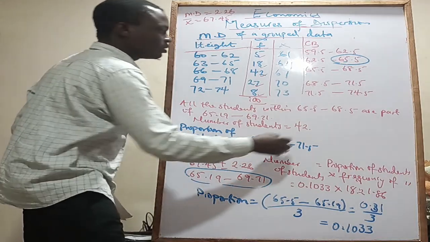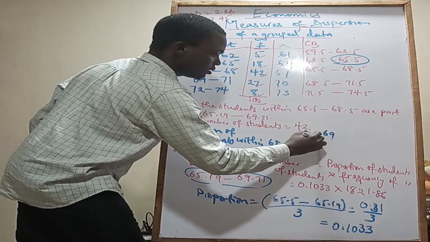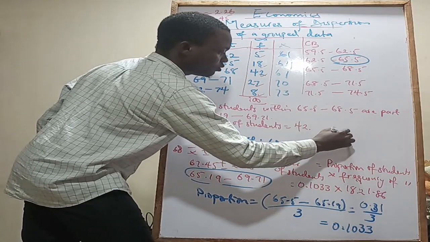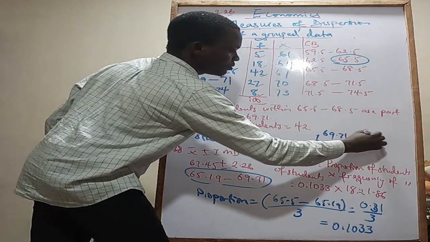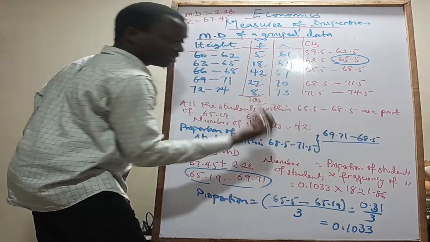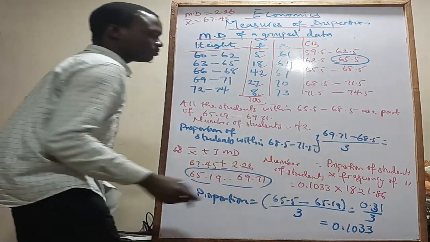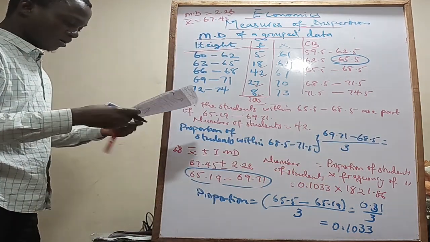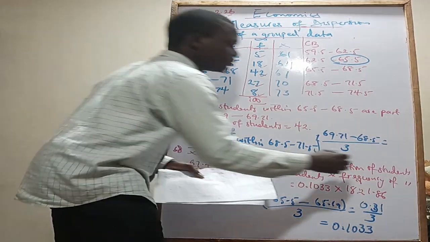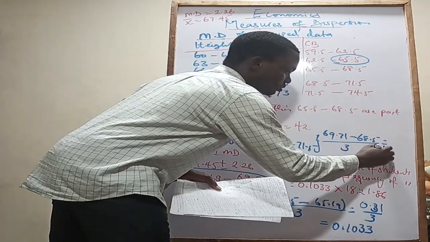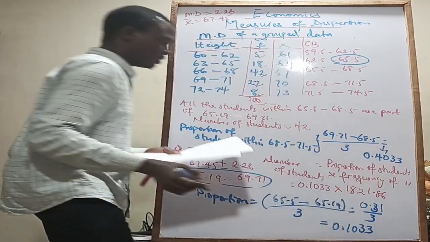So I want 69.71 minus 68.5, divided by the class size the same way. When you do this, you are going to get 0.4033. Is that the end?